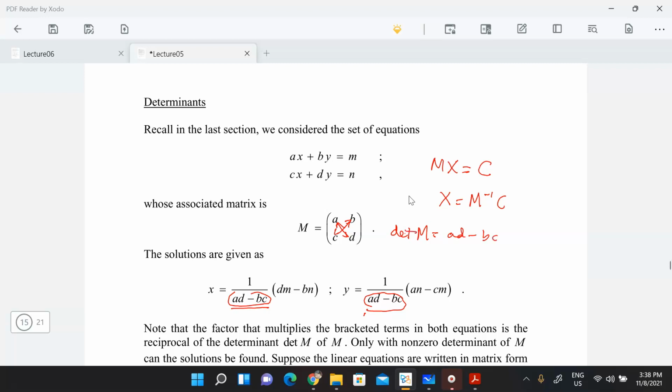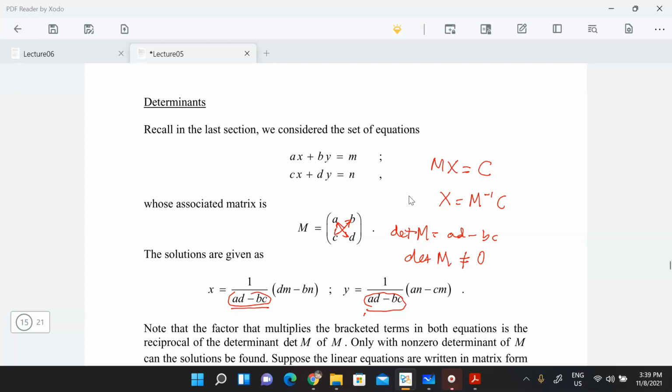That is called the determinant for the 2 by 2 matrix. For higher dimensional matrices, we need to do a bit more work than this. But one of the things we can immediately see is that in order for us to get a unique solution, the determinant of M cannot be equal to 0.